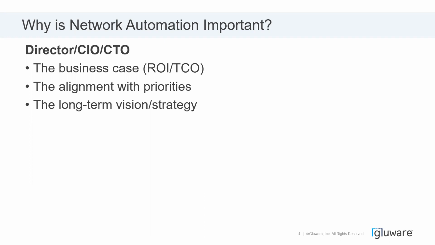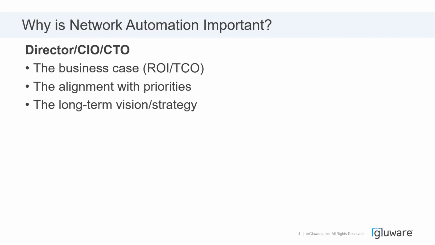Because a lot of the content in this report is based on recent analyst content from organizations like 451 and EMA and Gartner, and what they're sharing is high double digits of organizations that are planned to be investing in automation.